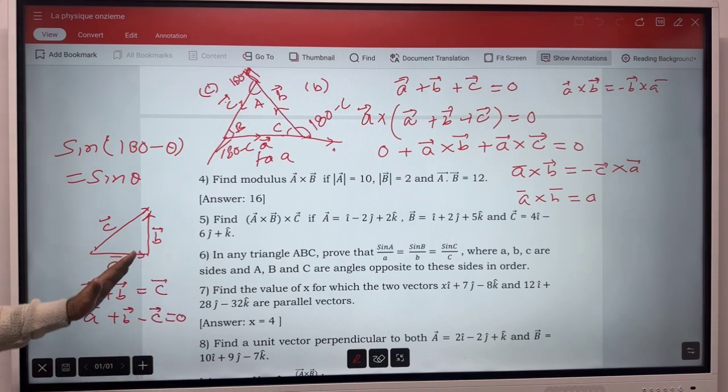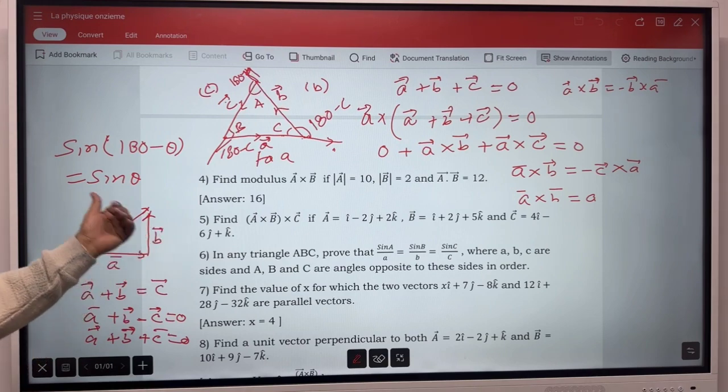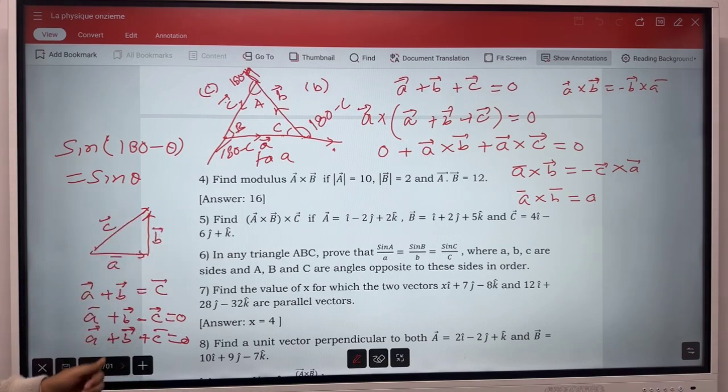But here in our case, the situation is just opposite. This vector is in this direction. So our result will be vector A plus vector B plus vector C equal to 0. That is what I said in the beginning, that when vectors are cyclic, meaning they move in the same direction, in that case the sum will be 0.